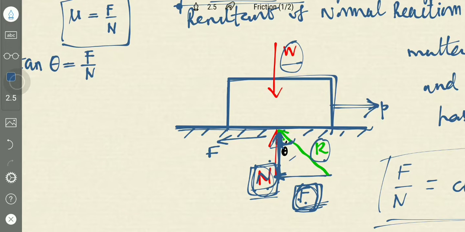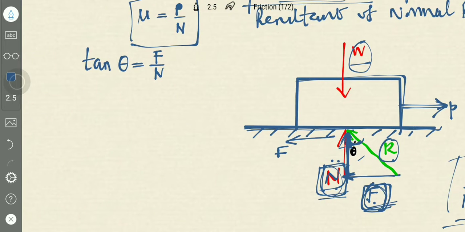From this triangle we can see that tan theta is given by F divided by N. Opposite side divided by adjacent side is the tangent of any angle. So tan theta is equal to F by N, which is the coefficient of friction, found experimentally. So tan theta is equal to mu.